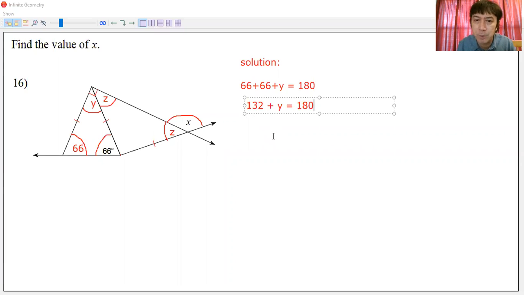So next line, 66 plus 66 would be 132. So we have 132 plus y equal to 180. Next step is subtracting the 132 from both sides.